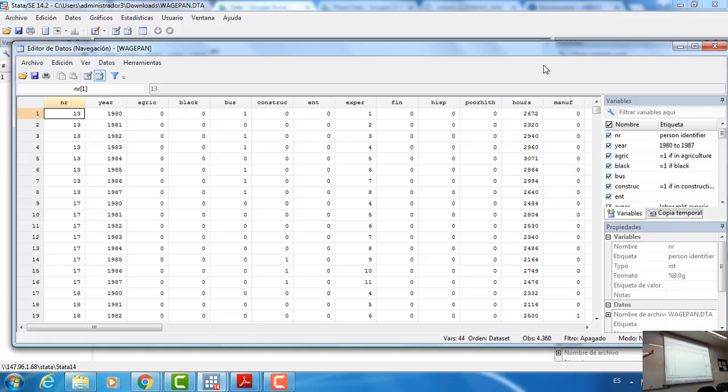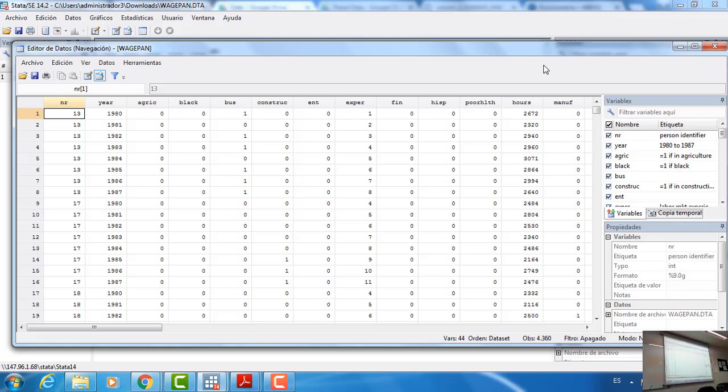So we have an individual identifier, and then we have a year identifier, individual and year. This is giving Stata the structure of the data set.